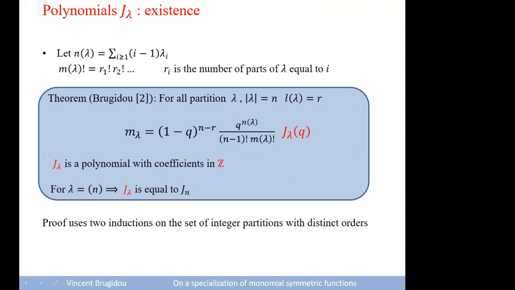Note that the theorem only states that J lambda has coefficients in Z, while those of J and R belong to N. By taking lambda equal to n, we verify that J lambda generalizes Gn.